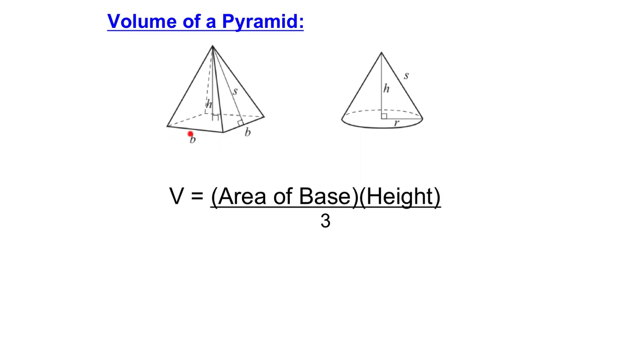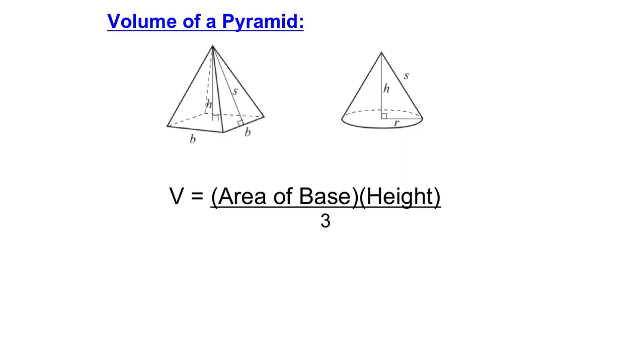Okay, so I want to distinguish between H and S here. H is the height of the pyramid or cone, whereas S is called the slant height. It's from the point of the pyramid perpendicular to the base along the outside. That's called the slant height, whereas the height of the pyramid is inside the pyramid from the point down to the center of the base.